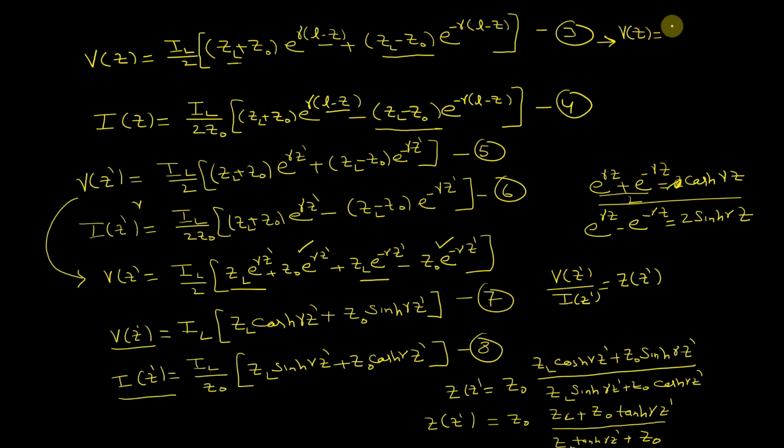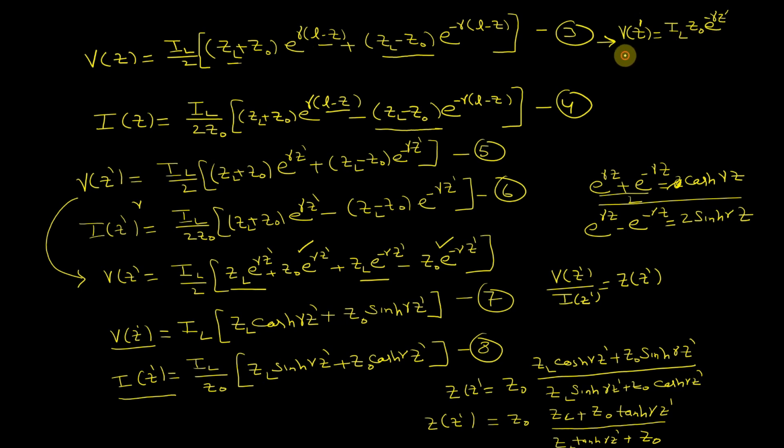So you can write Vz is equal to IL Z naught e raised power gamma z dash. So we have modified that equation.